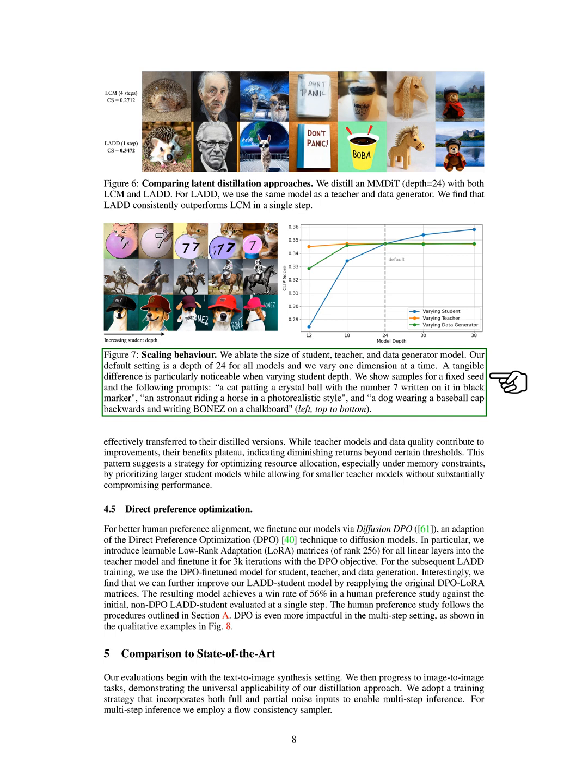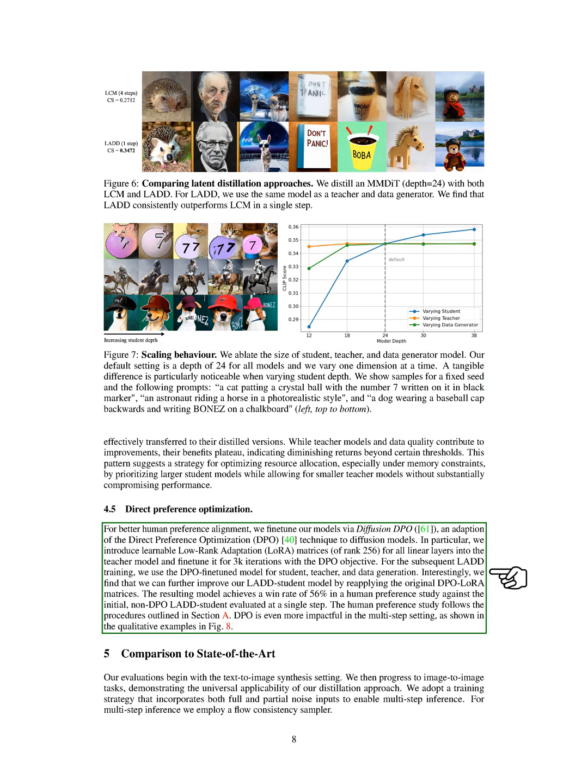Section: Direct Preference Optimization. In this section, we focus on optimizing our models to better align with human preferences. We use a technique called diffusion DPO, which is based on direct preference optimization, DPO, but tailored for diffusion models. To enhance our models, we incorporate learnable low-rank adaptation, LoRA, matrices with a rank of 256 into the teacher model.